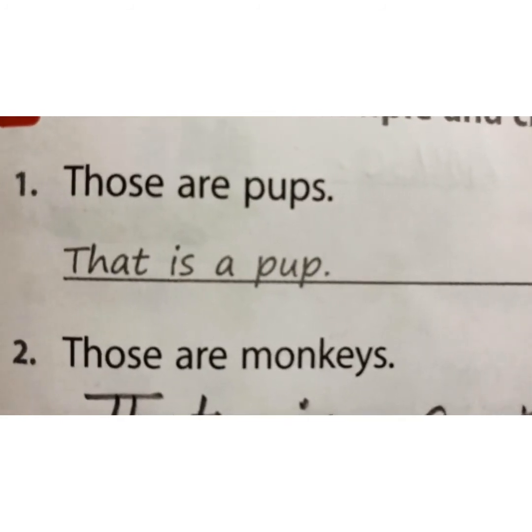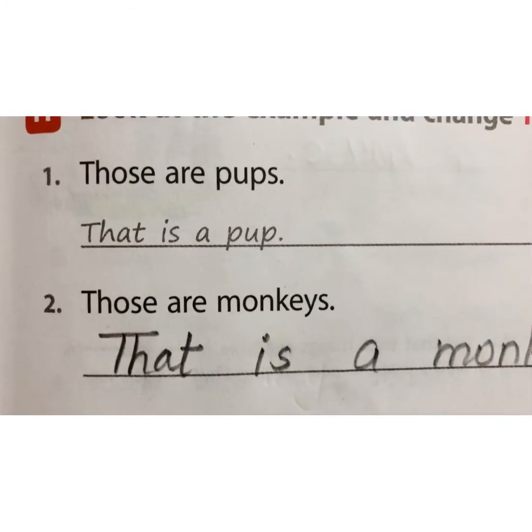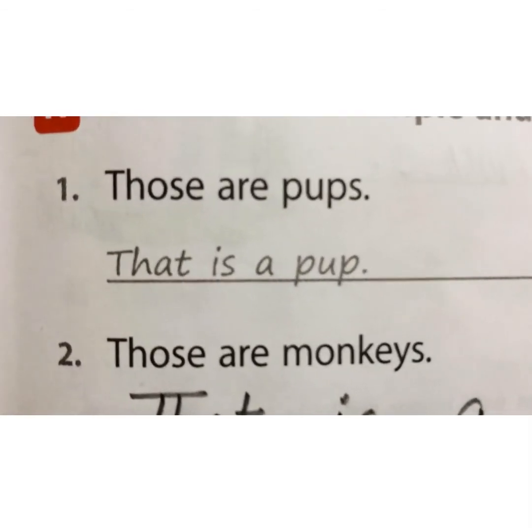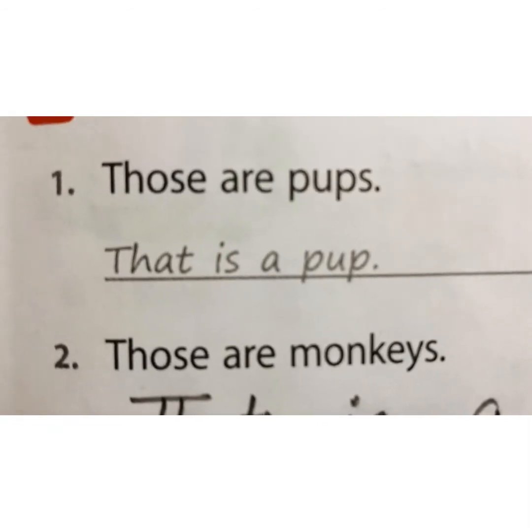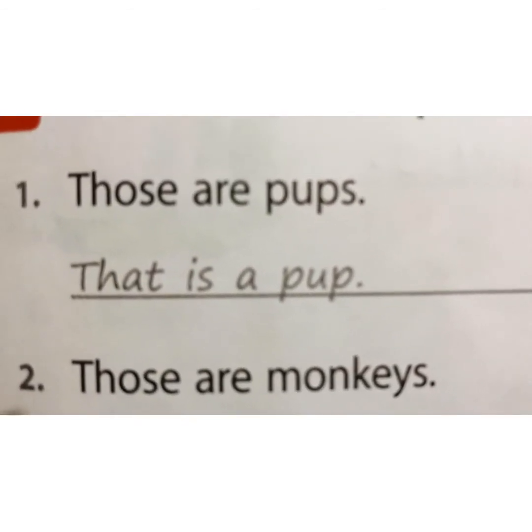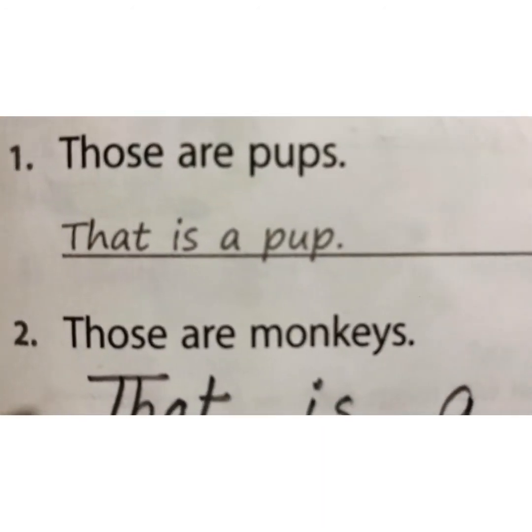This is an example. Those are pups. That is a pup. In place of those, we have used that. Are will be converted into is a, and pups will be changed to pup.